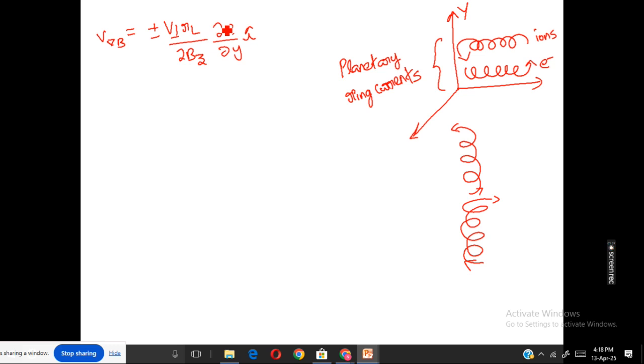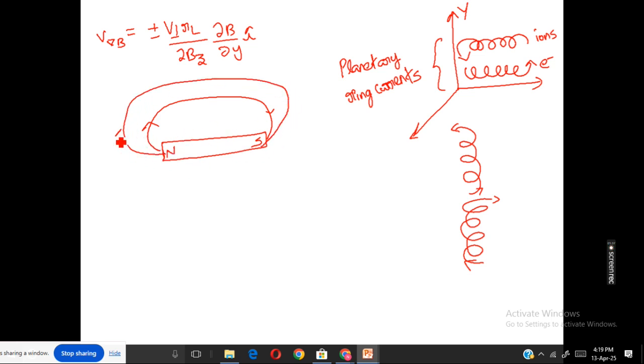They converge at the poles and diverge at the equator. These are the poles, north and south poles. The magnetic field lines are curved like this. They are not straight. Instead, they have this curvature.